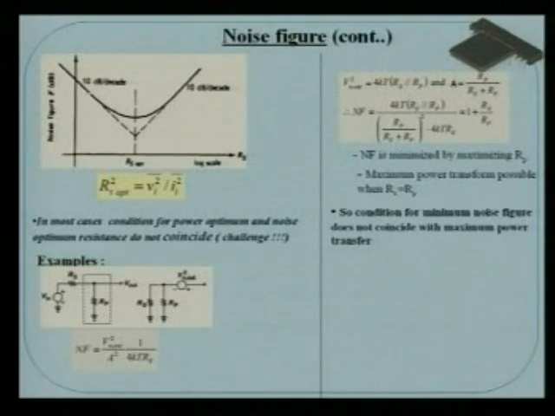But if you increase RP, then what will happen? What is the condition of maximum power transfer? The source resistance should be equal to the load resistance. So RS should be equal to RP. So you can conclude that the maximum power transfer condition and the minimum noise factor or noise figure condition are not the same.